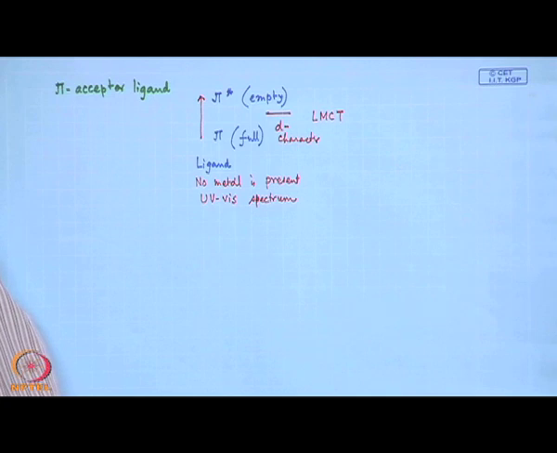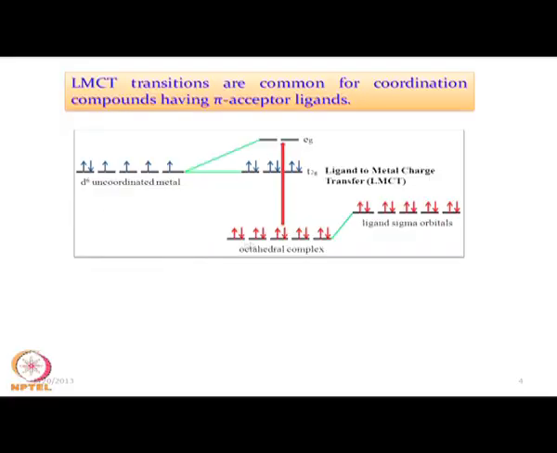So, if we have the pi acceptor ligands, then we see the d6 system, which is the free ion system, where we have so many d electrons available on the metal ion. Then we have the ligand sigma orbitals. It can be the pi acceptor ligand, but it can also be the sigma orbitals, which are all full.